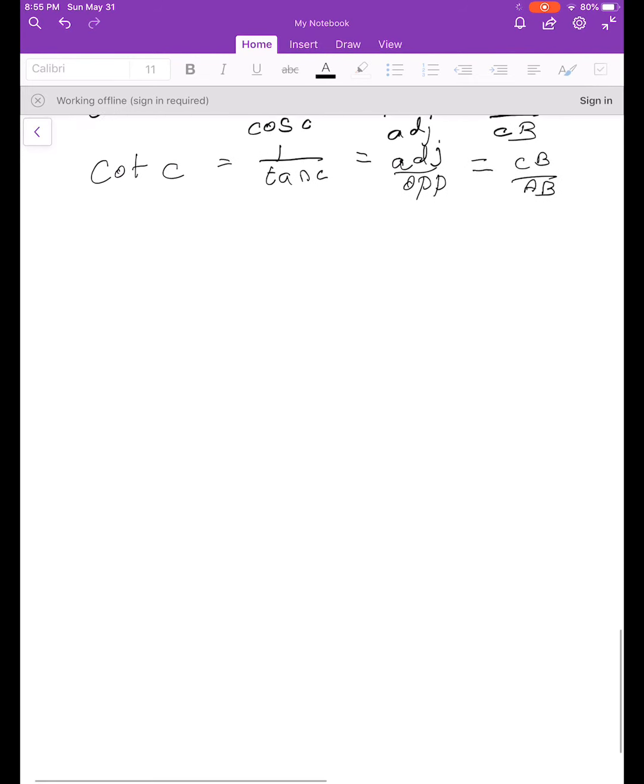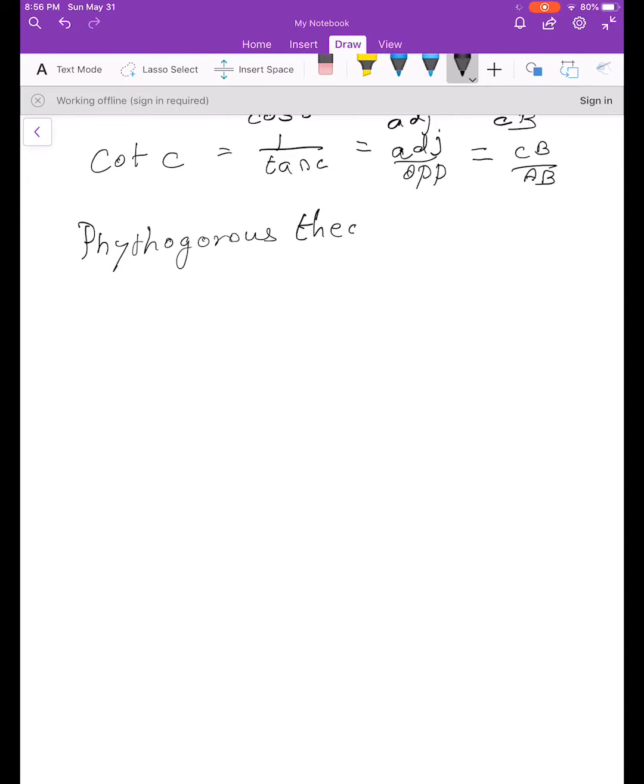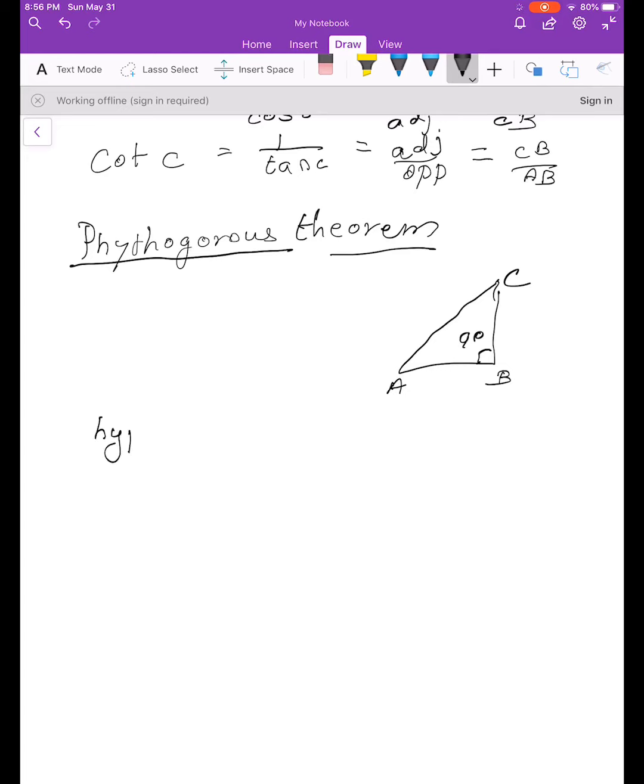The next important thing which you want to know about is the Pythagoras theorem. I hope you all know Pythagoras theorem. Here is a triangle ABC, 90 degrees at B. The hypotenuse square is equal to opposite square plus adjacent square.